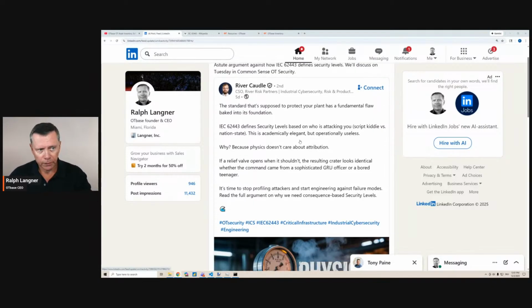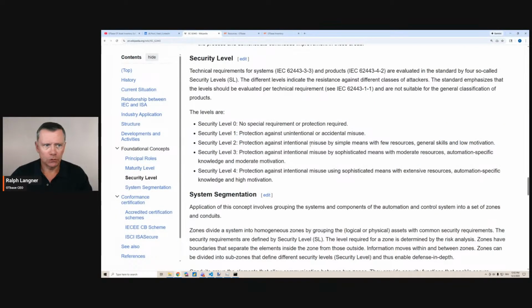And then he goes on and explains what he means by that, because security levels are based on who is attacking you. And he's absolutely right. So if you take a closer look at how those target security levels are defined, this is what you're going to find.